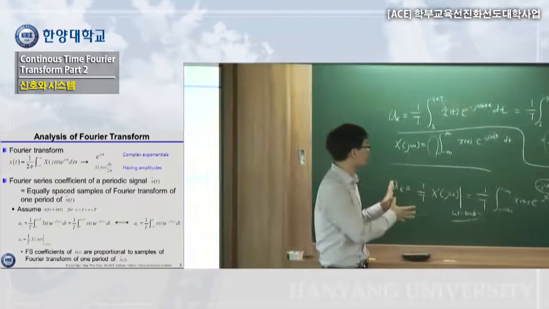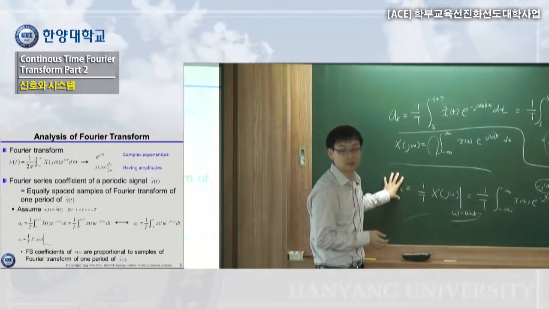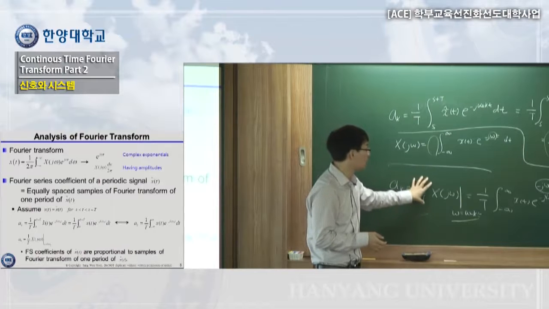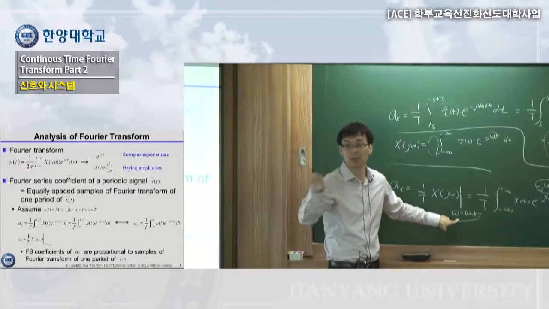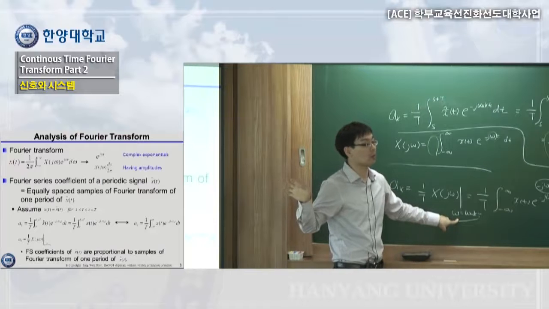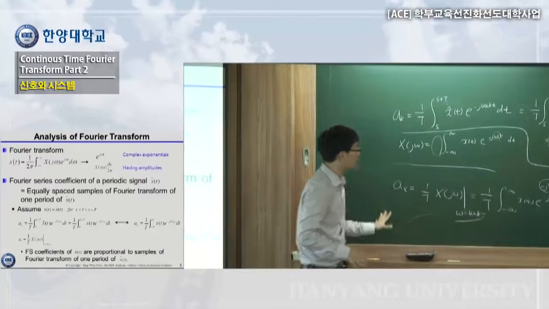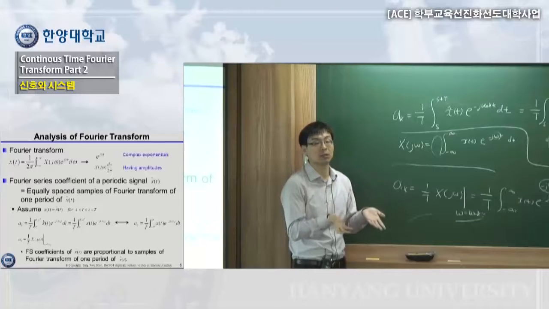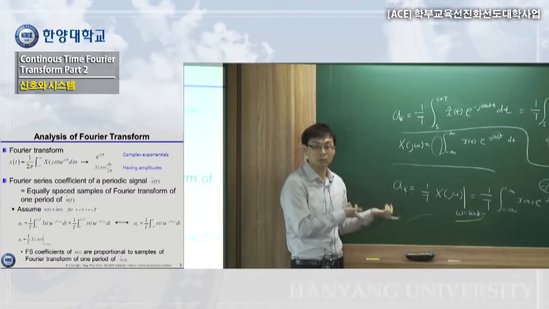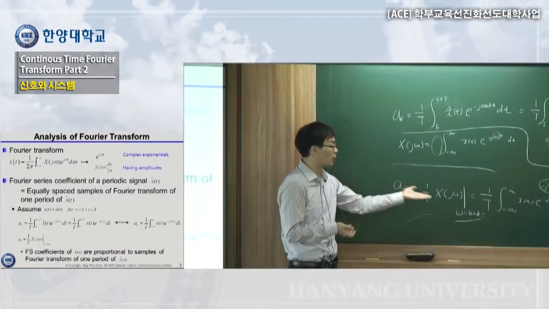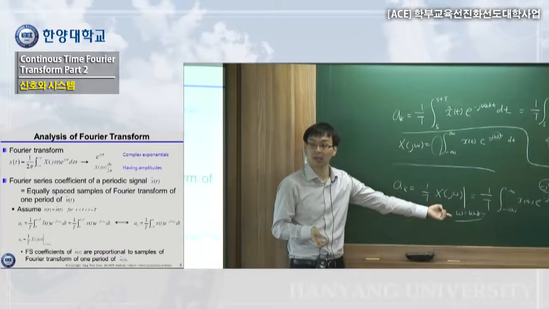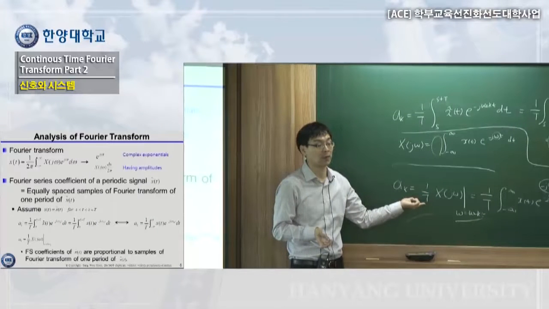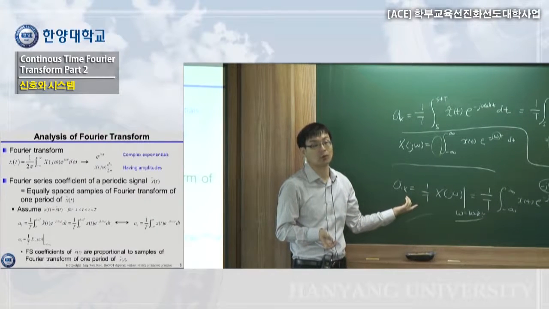So we can consider the Fourier series coefficient as 1 divided by T, which is a scale factor, times the Fourier transform at specific points, sampled at equally spaced omega_0. So that's how we calculate it. This is another way to calculate the Fourier series coefficient. First, calculate the Fourier transform, then change omega to omega_0 k and scale by 1 divided by T. That's your Fourier series coefficient.